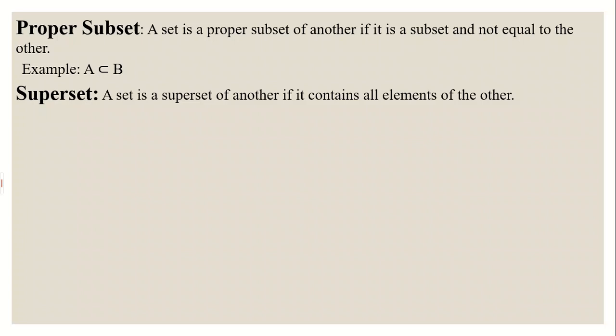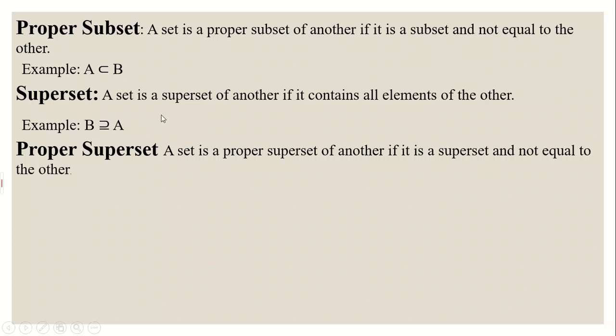Since B is a subset of A, that means A is a superset of B, so it can be read that way. If B is a subset of A, then A will definitely be a superset of B. It is written this way. You can see we have changed the direction. The direction was like this before.